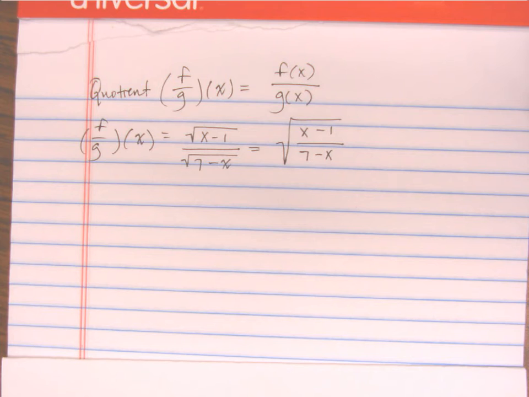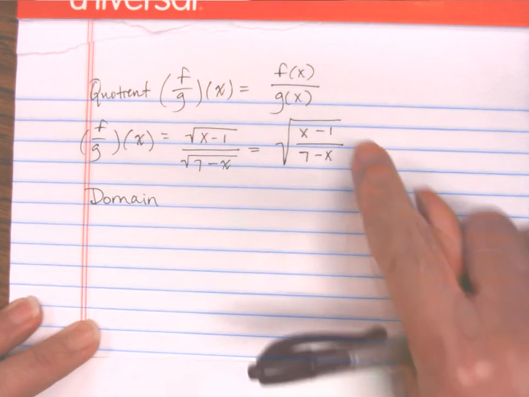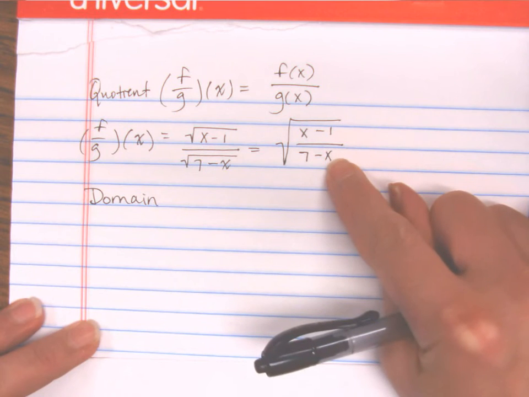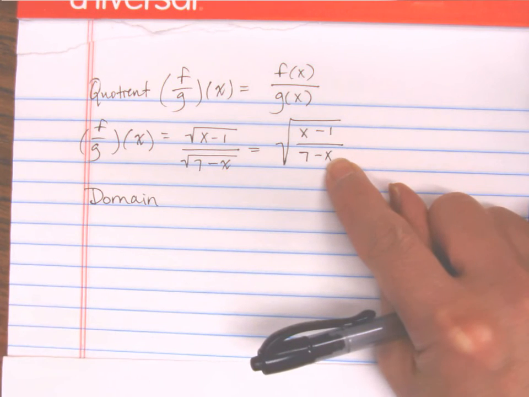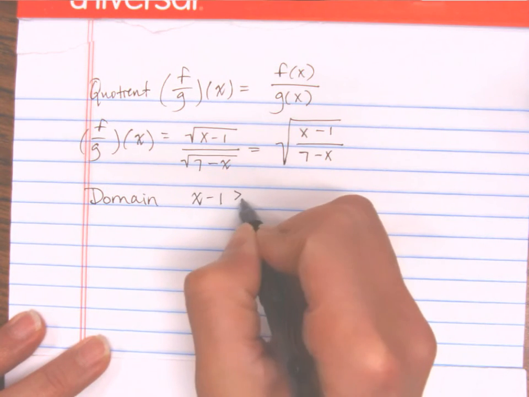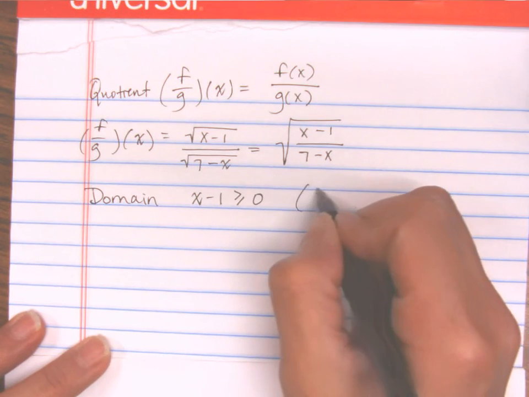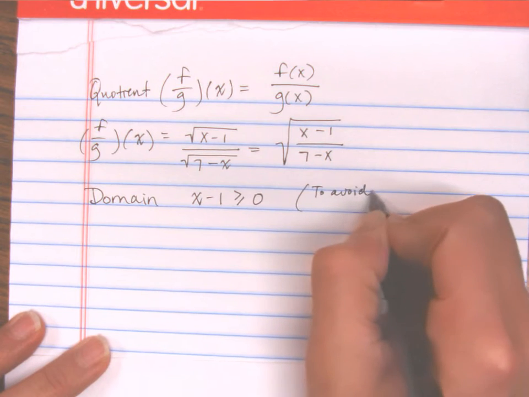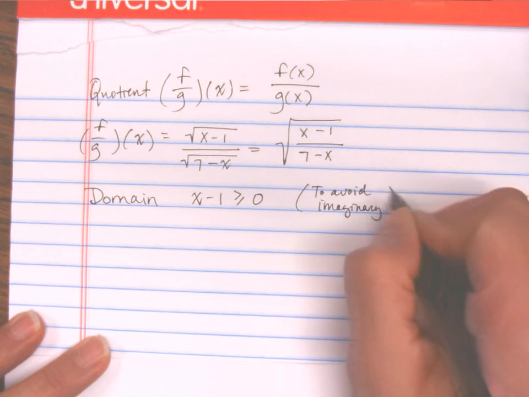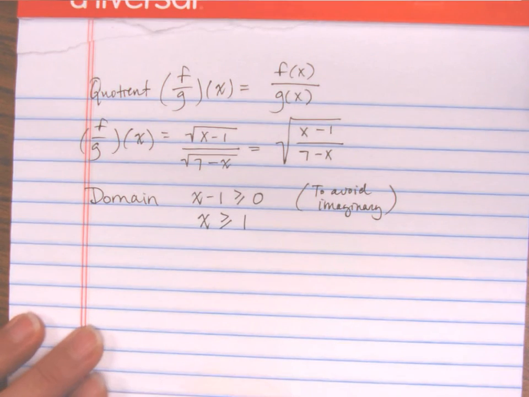Now, when I am looking at my domain, I still want to avoid imaginary numbers in the numerator, and in the denominator, I want to avoid imaginary numbers and 0. So I'm going to take x minus 1, set that greater than or equal to 0 here. I do this to avoid imaginary. So I have x is greater than or equal to positive 1.